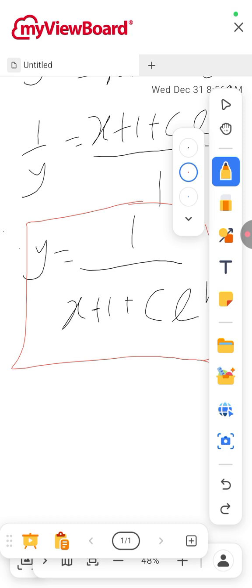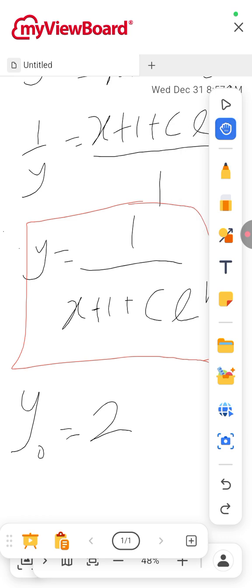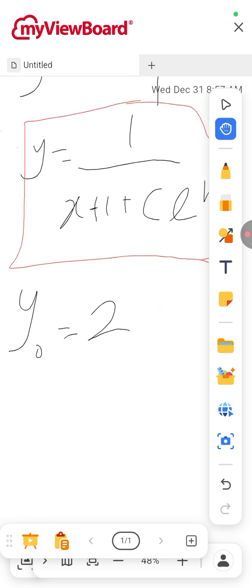Yes, let's say from the beginning of the question they say find the particular solution when y naught, let me pick a value, let's say y naught is equal to 2. For example, I just pick this value. We call this an initial value problem if you have to find the particular solution, not the general solution.